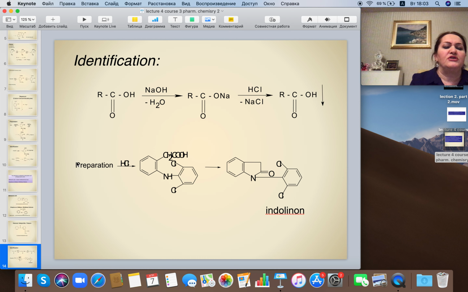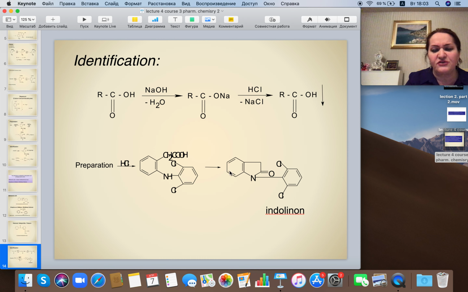When we speak about diclofenac sodium, on hydrolysis it forms an acid which is a white precipitate, and the precipitate changes into indolinone.